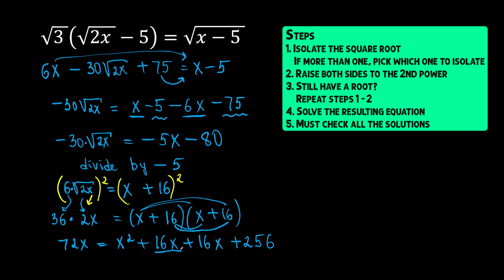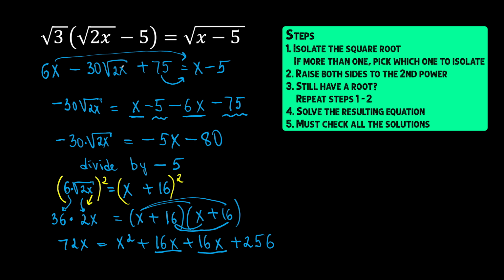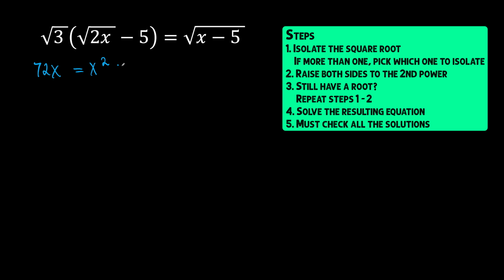We can put 16x and 16x together. It will give us plus 32x. So we have 72x is equal to x squared plus 32x plus 256.